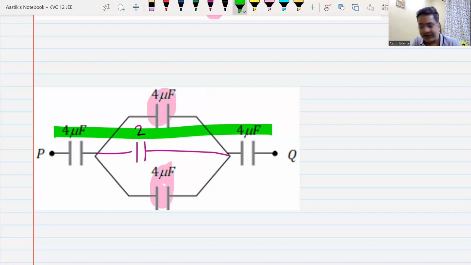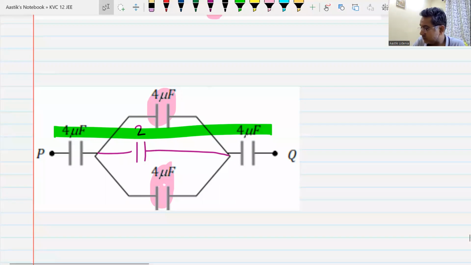Okay, this is the next one. What is the effective capacitance? First parallel now, sir. Pink is parallel, right, sir? What, beta? I don't understand what you're saying. The color you marked is parallel, right, sir?